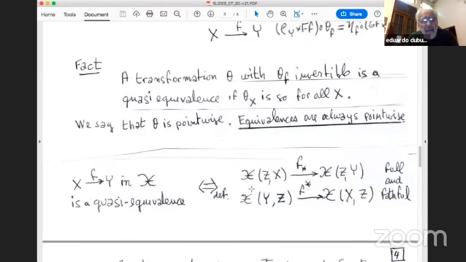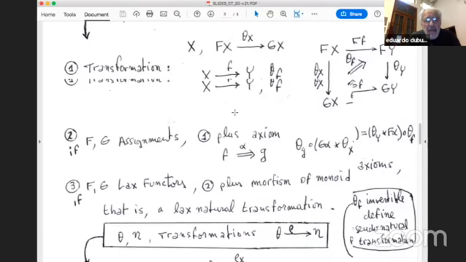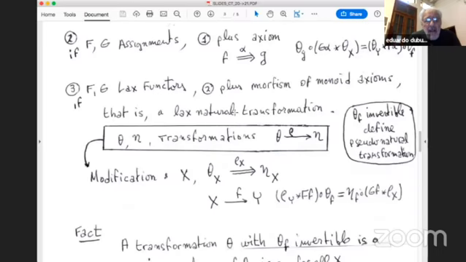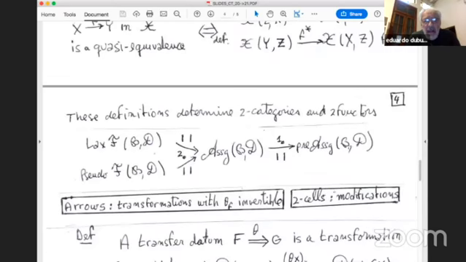And we have a proposition, a result that says that if we have a transformation in any of these categories, which is a quasi-equivalence in D for each X, okay, we have here in the functor category, or in any other one, a transformation.